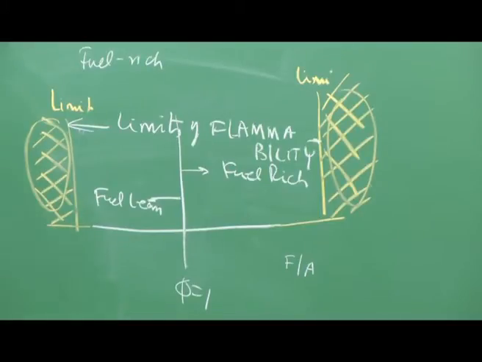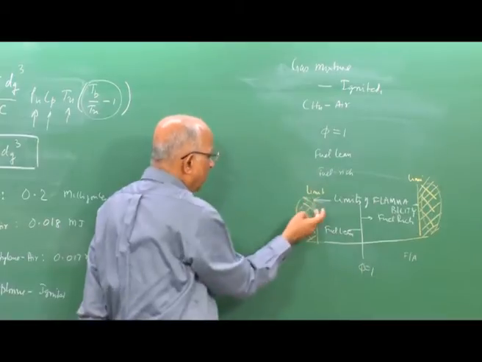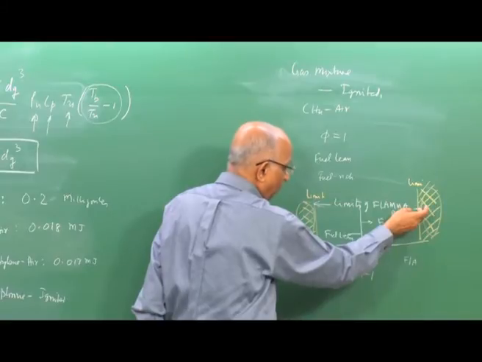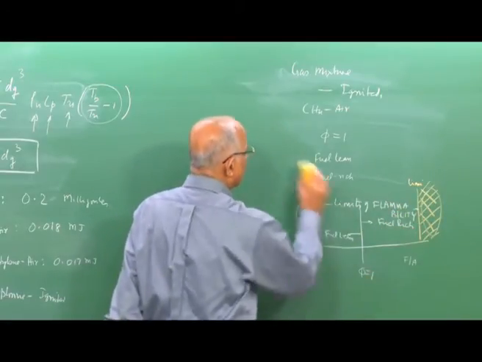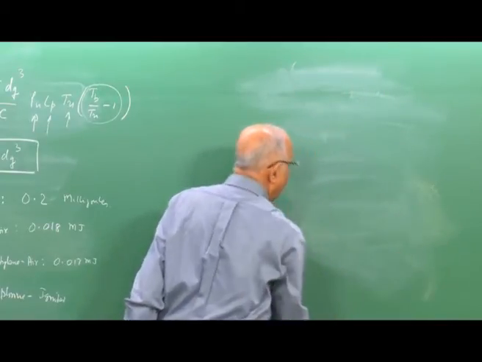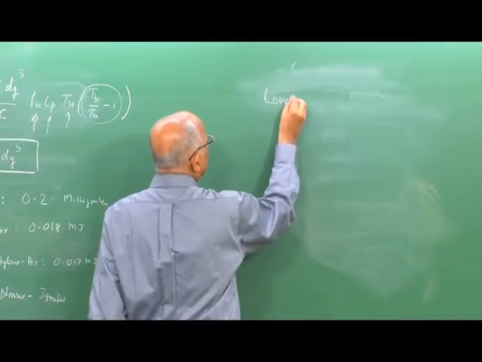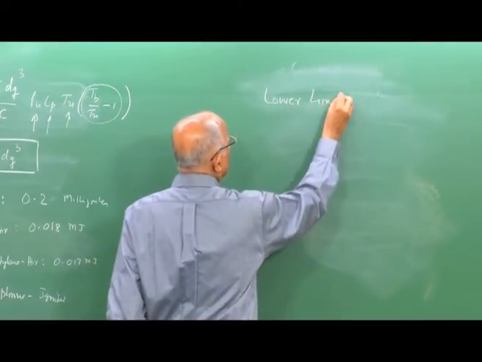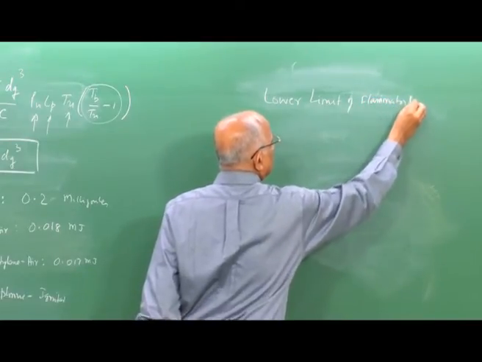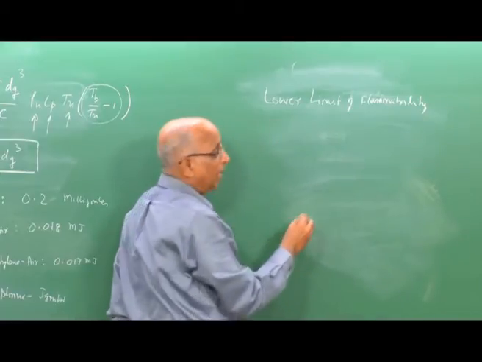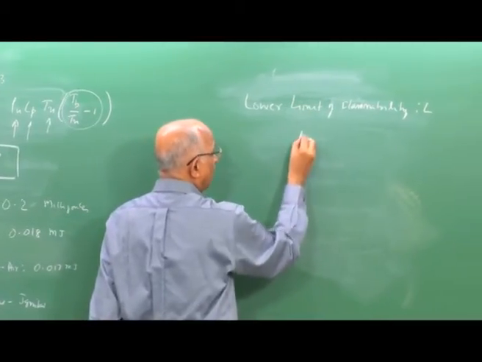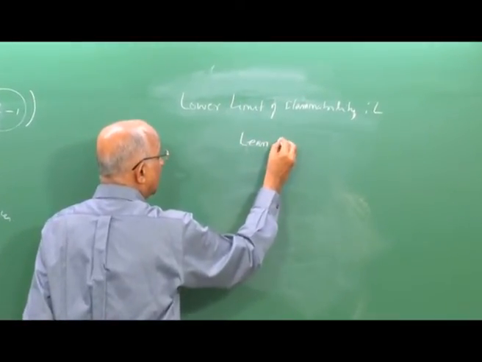Therefore, for all gaseous mixtures, we have a lower limit, that means the lean limit, and an upper limit for fuel rich conditions. Let us put it down: we call it the lower limit of flammability, and it is denoted by L. That is, the lower limit of flammability corresponds to the lean conditions, the lean limit.